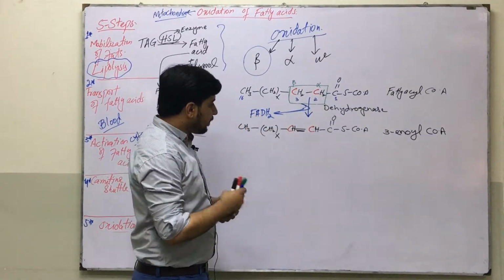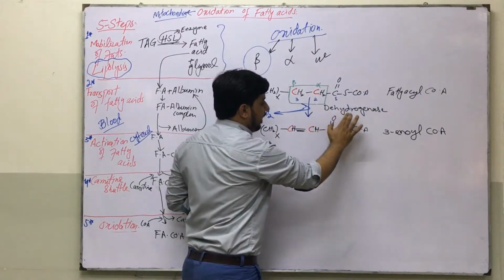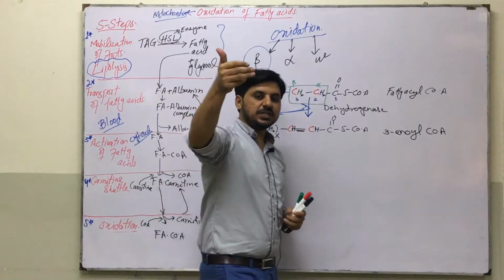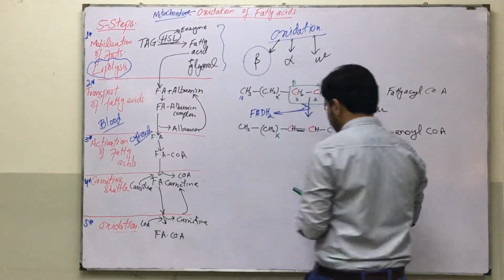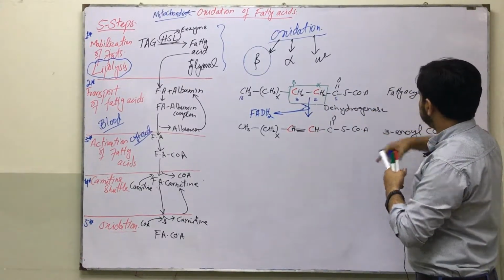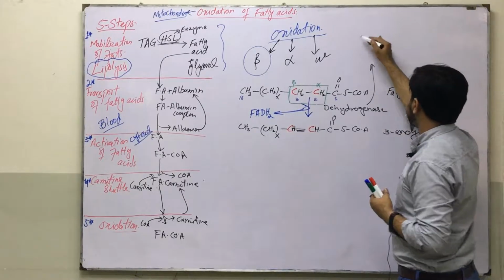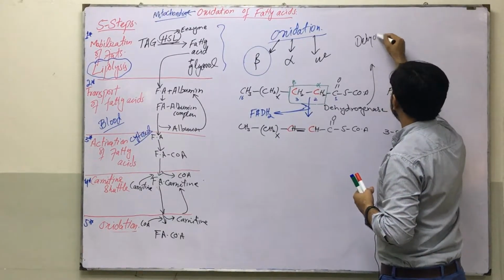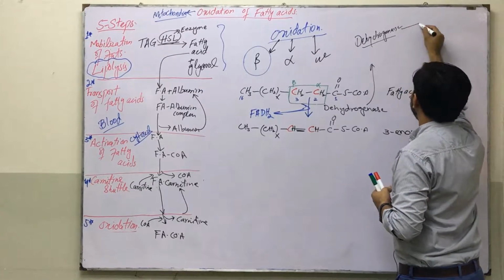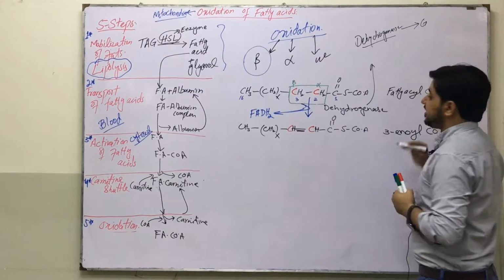Now, about this dehydrogenase: it has 3 isoforms. Number 1 is G phase.